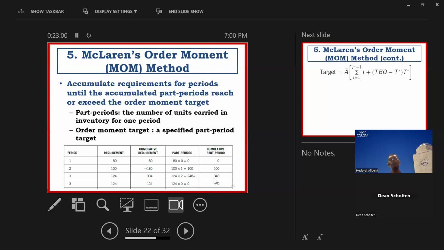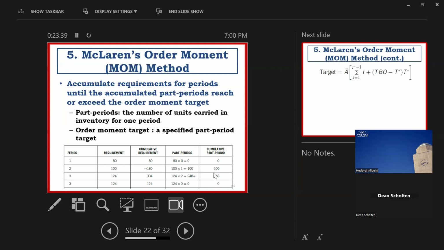The next one is 348, the cumulative part period. If I order 304, 80 of it is going to be consumed, 100 of it is going to be carried over and consumed in week 2, but 124 is going to be carried over 1 week, 2 weeks, before it's consumed. 124 times 2 plus 100 times 1, the part period is 348, which is above that level of 180.